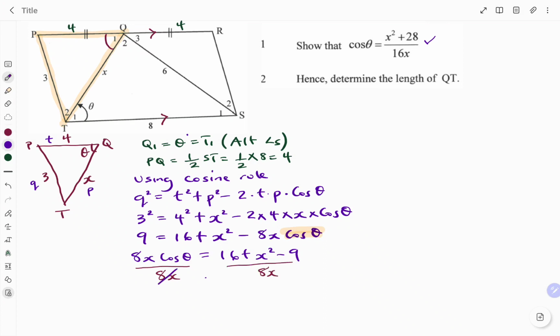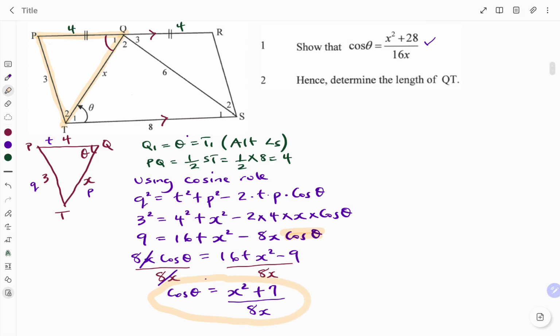My cos theta will be equal to, I have 16 minus 9, x squared plus 7, divided by 8x. So I've gotten another expression for the value of cos theta.